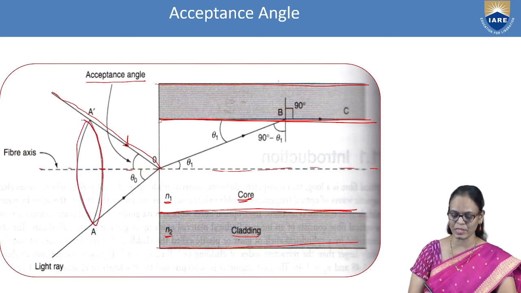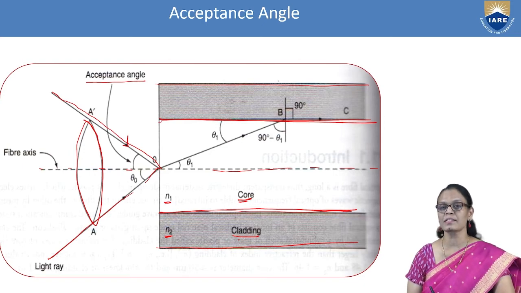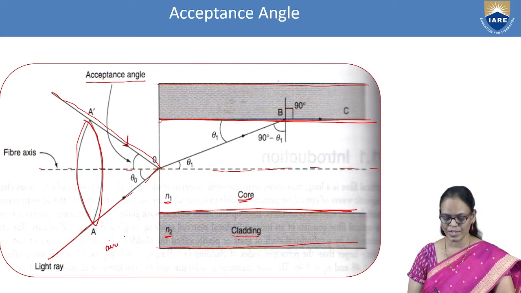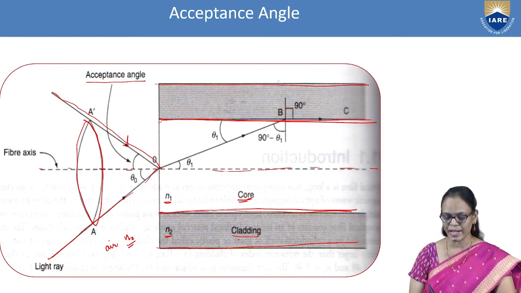This is the entire cone. Now, the light ray incident here comes from air, suppose, whose refractive index is N0. It is incident here at an angle theta naught.